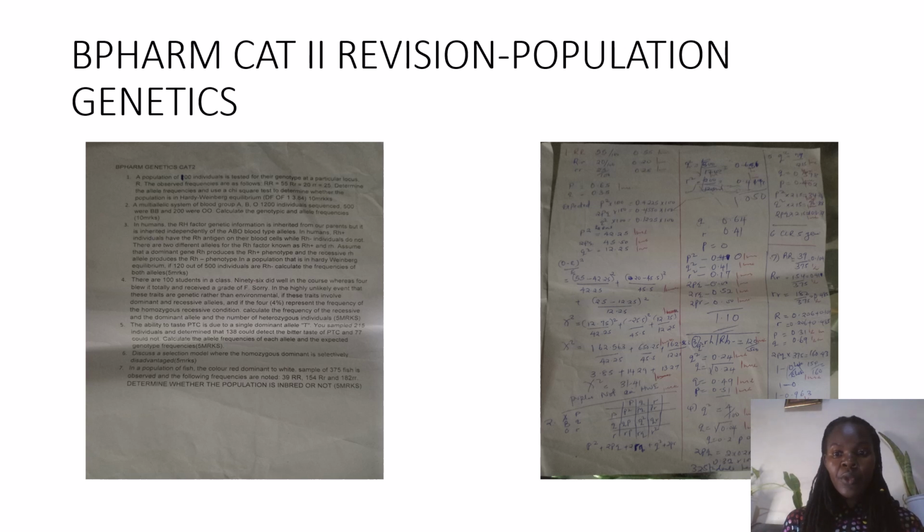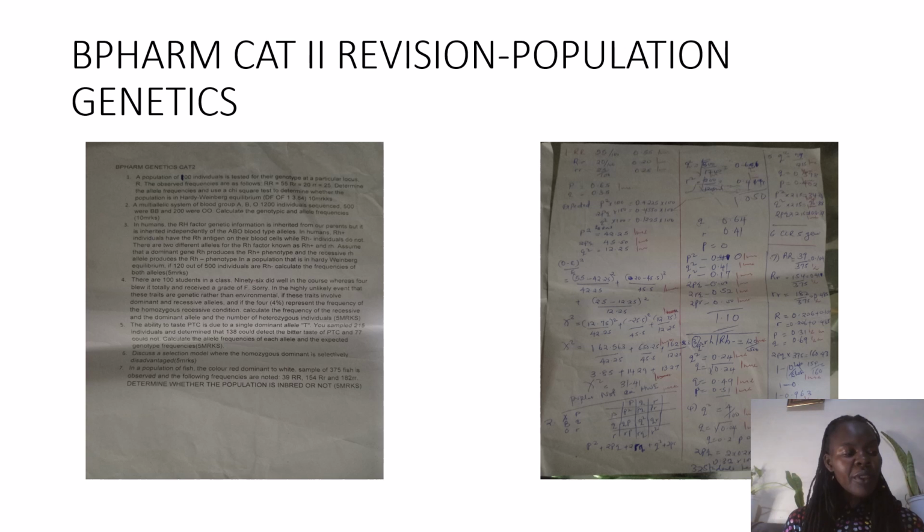So at that point, we are talking about the population being in equilibrium. But if the genotypic frequencies are not adding to 1, and the chi-square value is greater than 3.84, then you'll be able to say that the population is not in equilibrium. Thus, we are going to reject the null hypothesis.